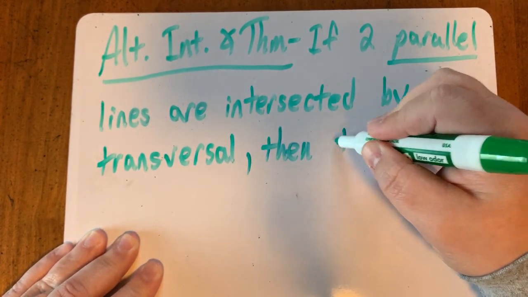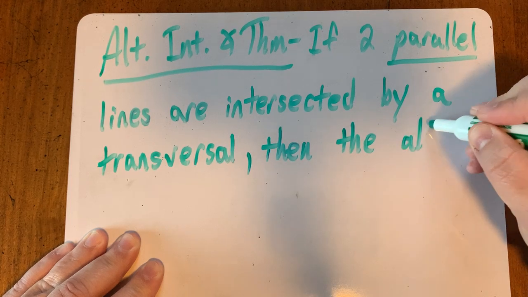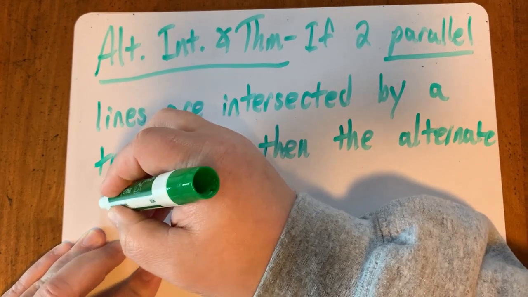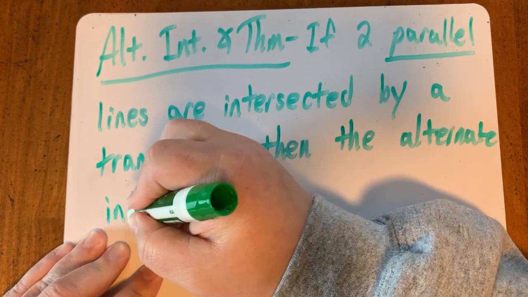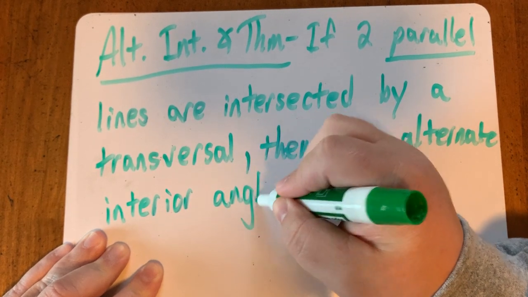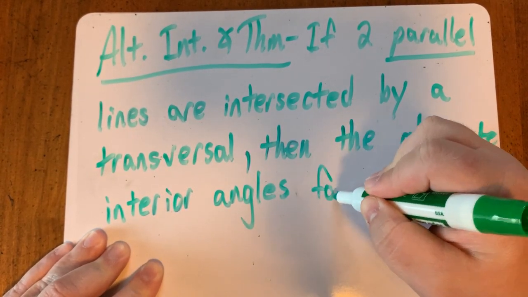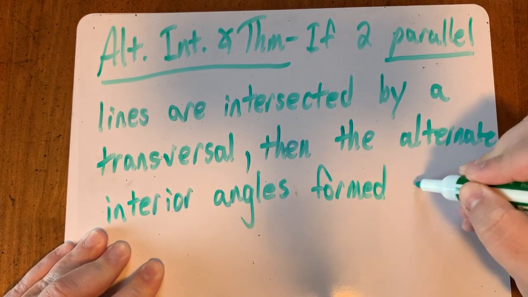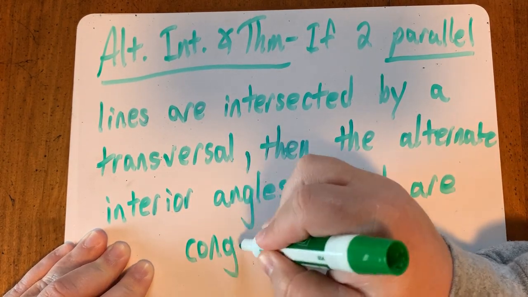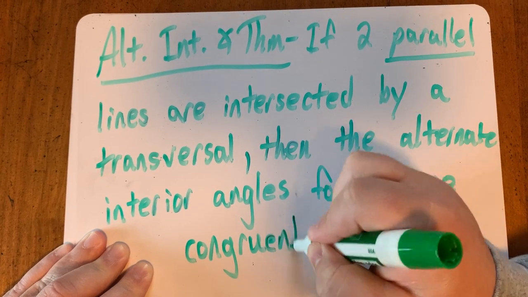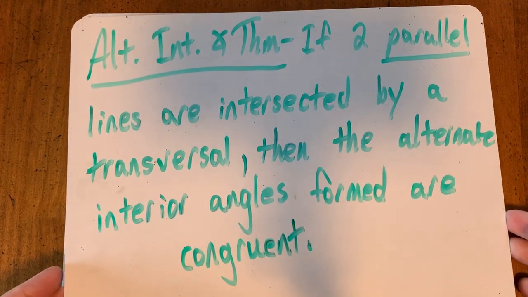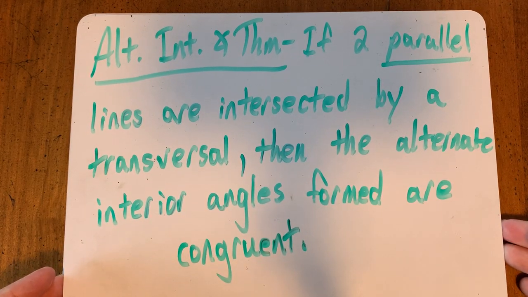Then the alternate interior angles formed are congruent. So that's our alternate interior angle theorem.